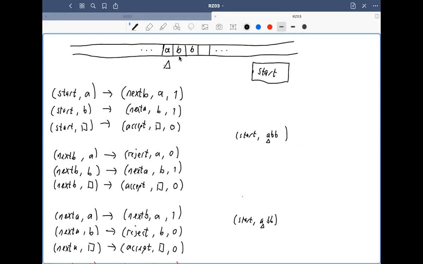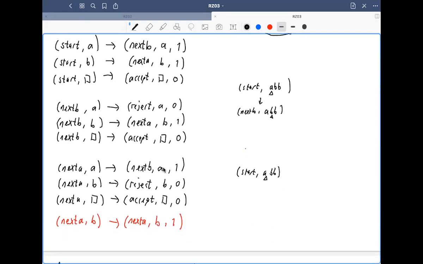Because we're in start and we see an A, we move to next B, with the head moving to the right, and we keep an A on the tape. That's the only thing we can do. So we move to next B, keep the A and move the head to the right. So we go to ABB. And I'll write that down here as well.